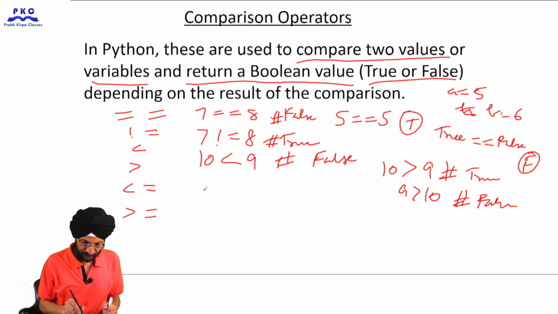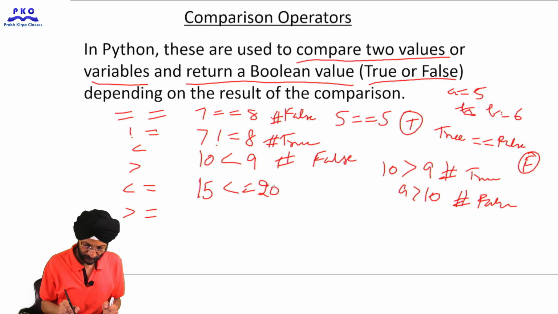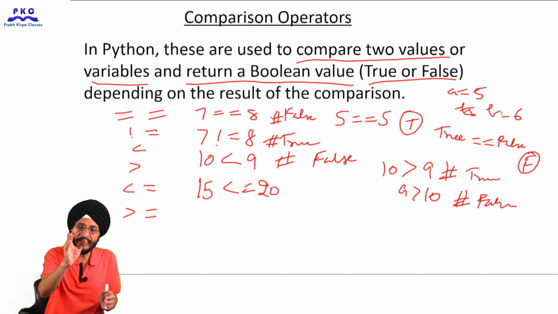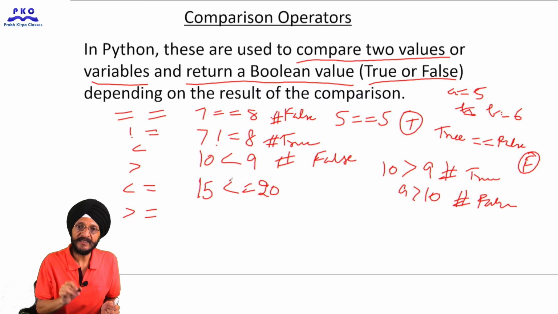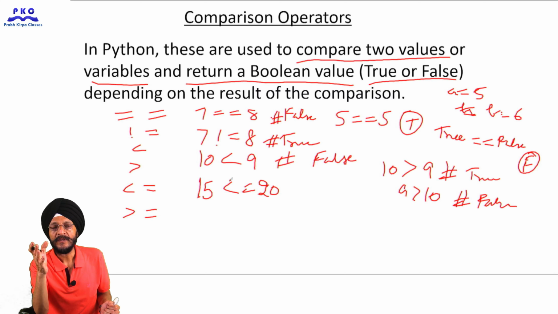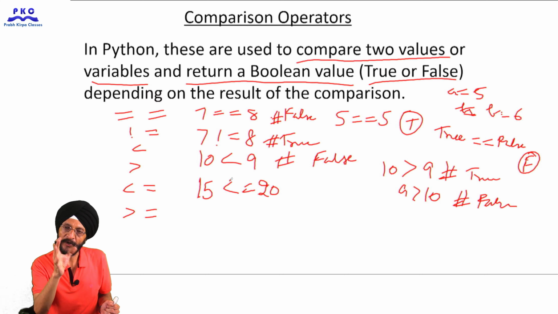If we write 15 is less than or equal to 20, that is either of the two conditions has to be met. 15 is less than 20, it is okay. If we say 15 is equal to 20, it is false. One of the conditions.